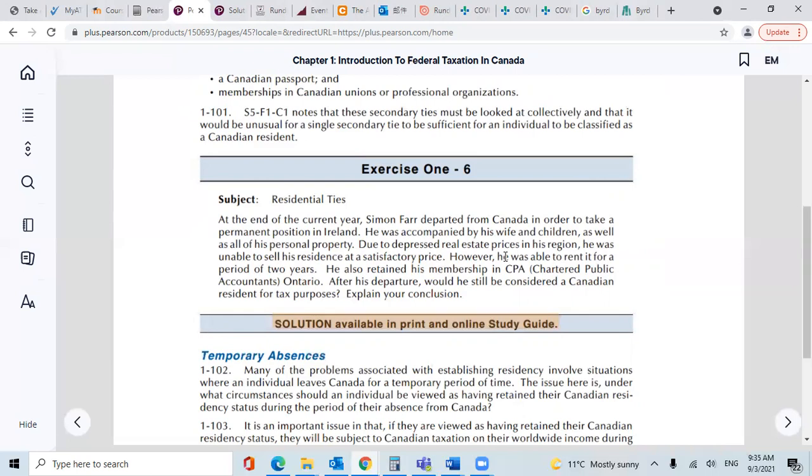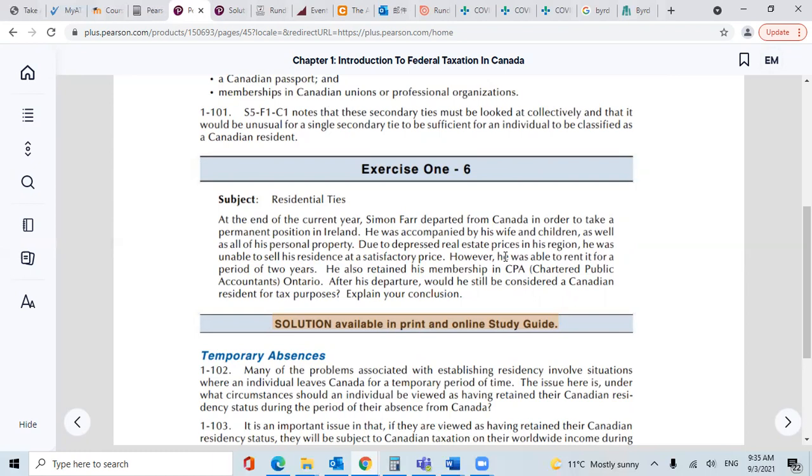So we just talked about the major ties: dwelling, spouse, or dependents. His spouse and children were living with him, right? So that is not in there. Dwelling is the residence. So the CRA could see that this person, Simon, is a Canadian resident because he still keeps his house, his dwelling place, in Canada.